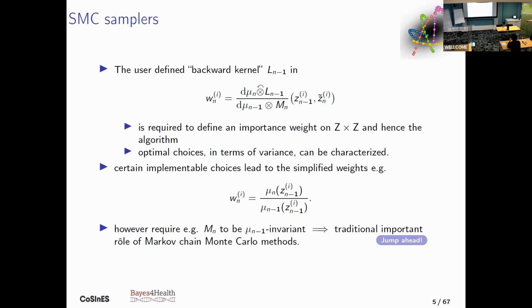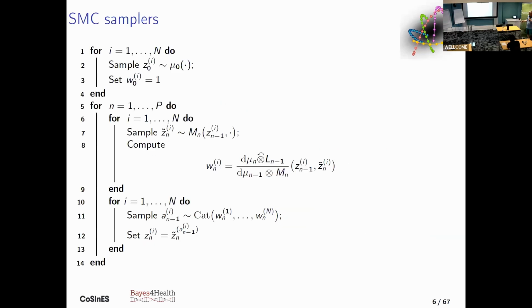And that's the important bit: within SMC, Markov chain Monte Carlo methods have been very important because of this property, that you want to leave a given distribution invariant, and you want something that is a general purpose algorithm. Okay, so that's SMC.